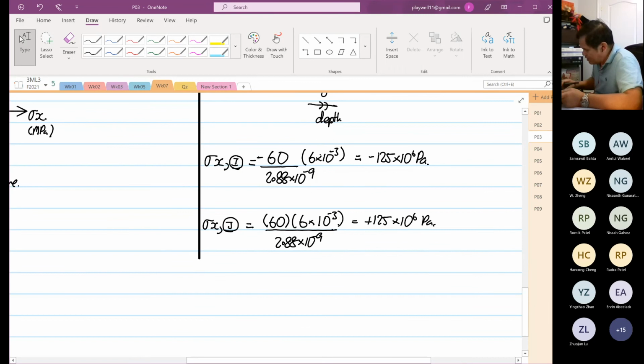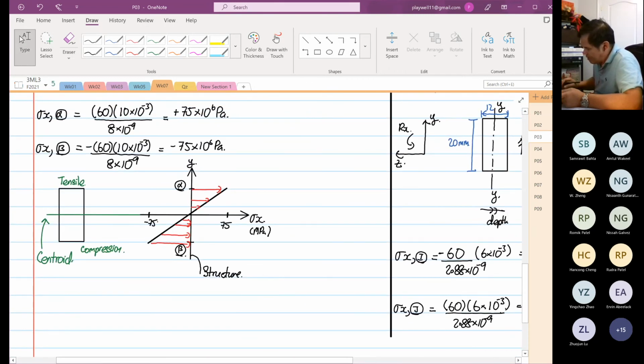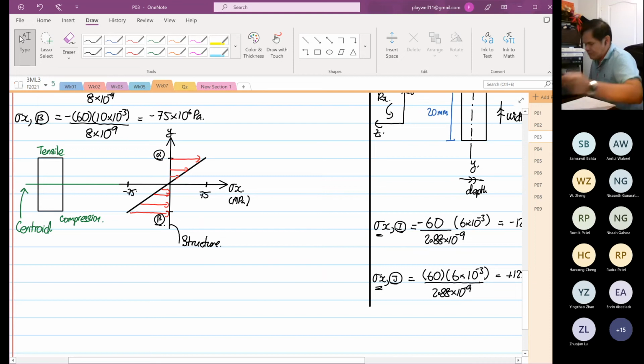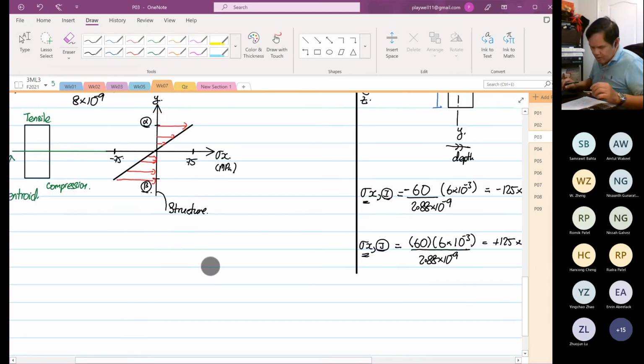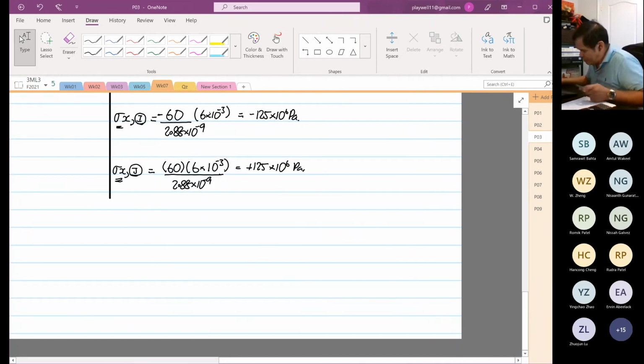So you realize that whether it is moment about X or moment about Z or Y, your stresses are still in the X direction. Now let's sketch what is going on. I'm not going to change the orientation of the beam.